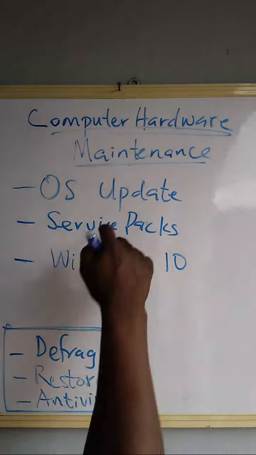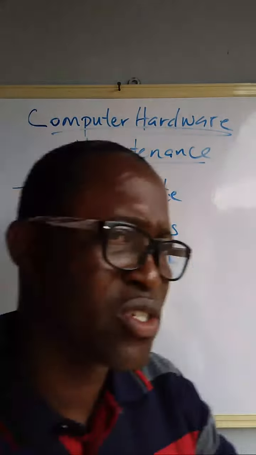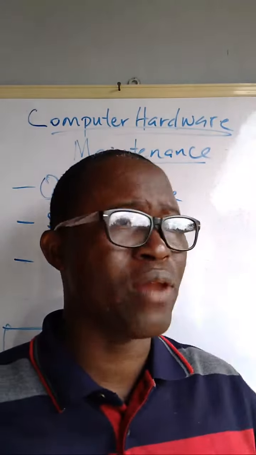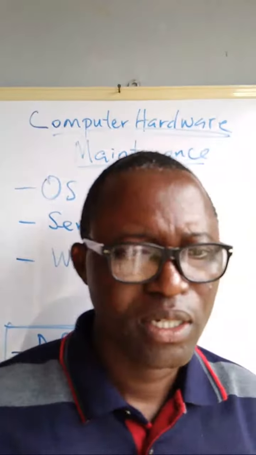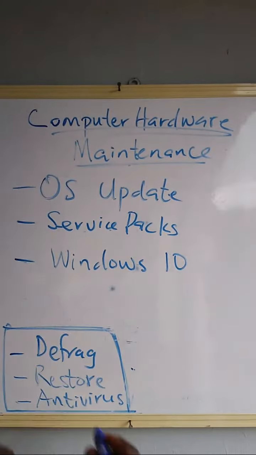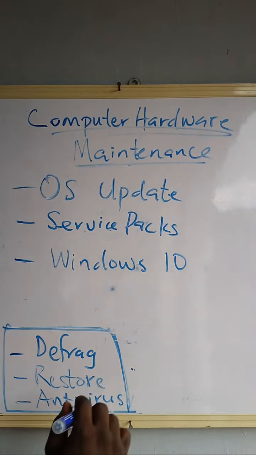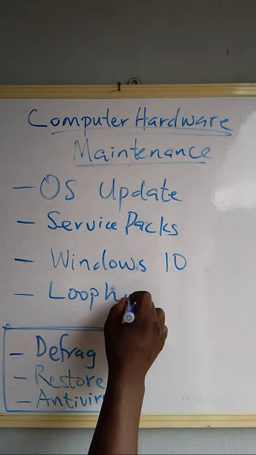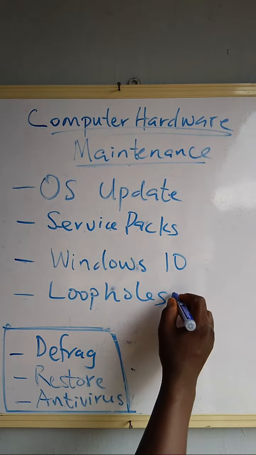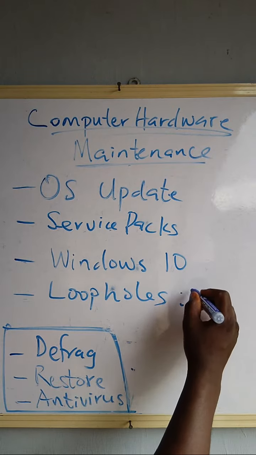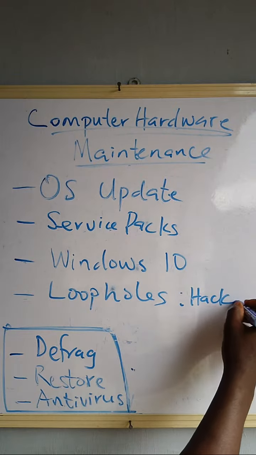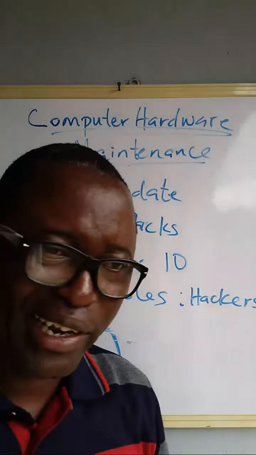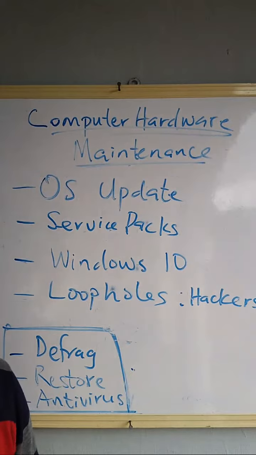Now, why do we need to carry out updates? Why does Microsoft from time to time supply updates to the operating system? That's a reason. They discover from time to time there are loopholes that hackers or those that have ulterior motives can use to penetrate the software remotely.